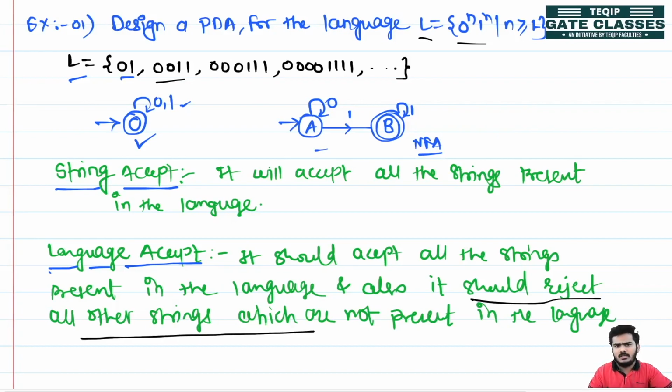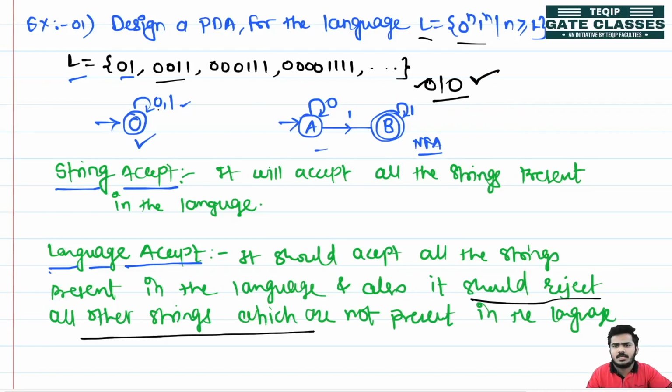Suppose in this language the string 0 1 0 is not generated, this string is not possible, but if we check, this string is also accepted by this finite automata. Let's see: 0 possible, 1 possible, 0 possible, it is accepted.